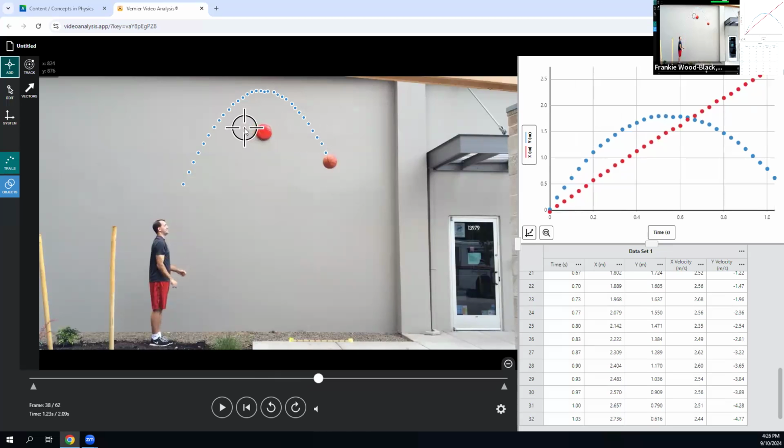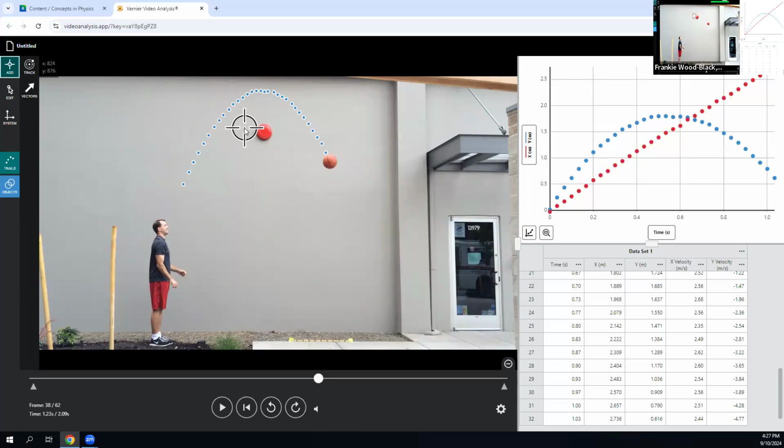The red dots are motion in the X direction. The blue dots are motion in the Y direction. It's clear that there is something different between the X direction and the Y direction.